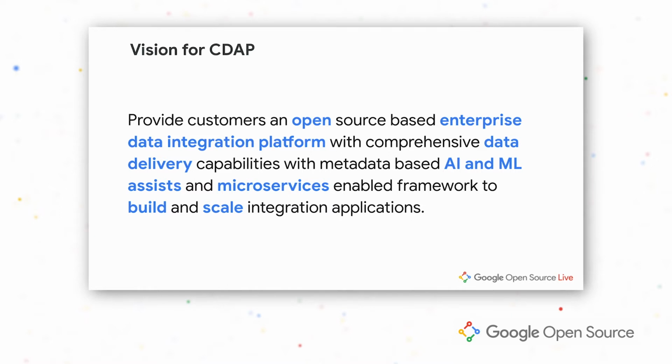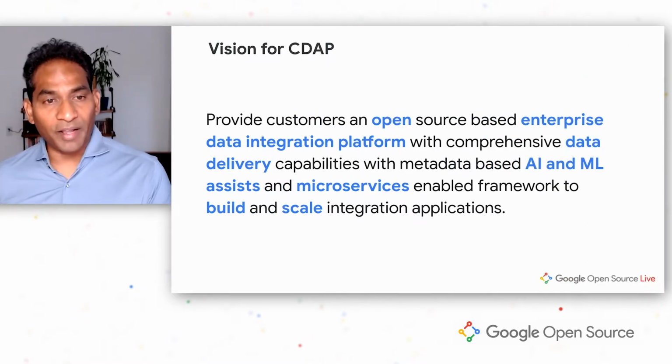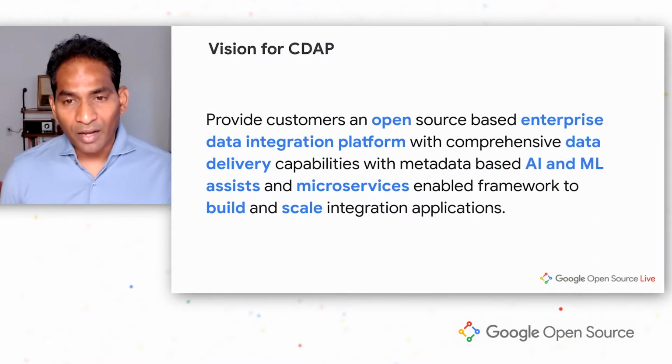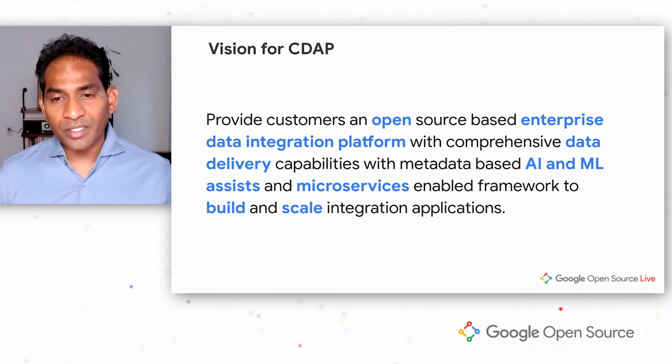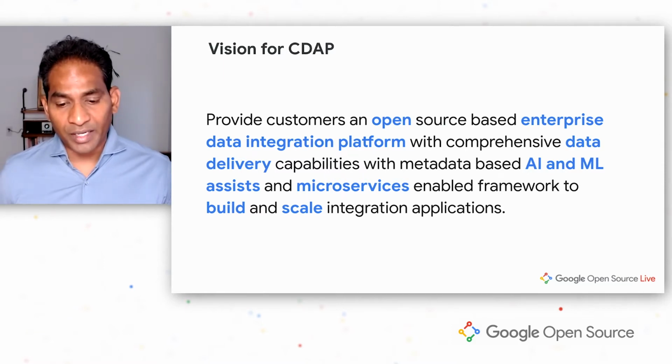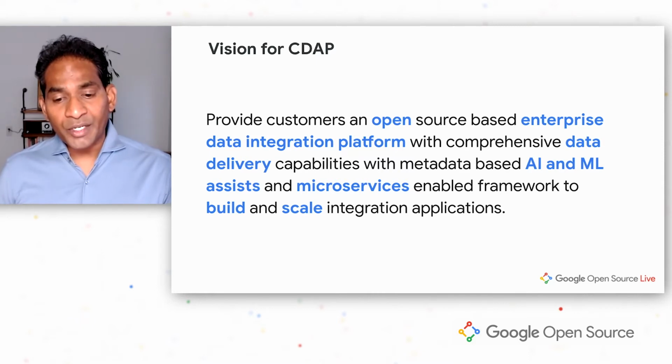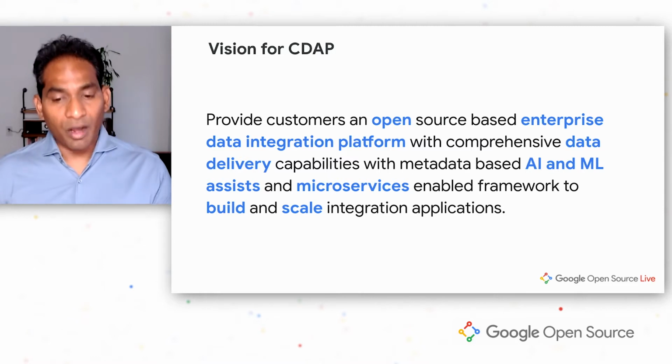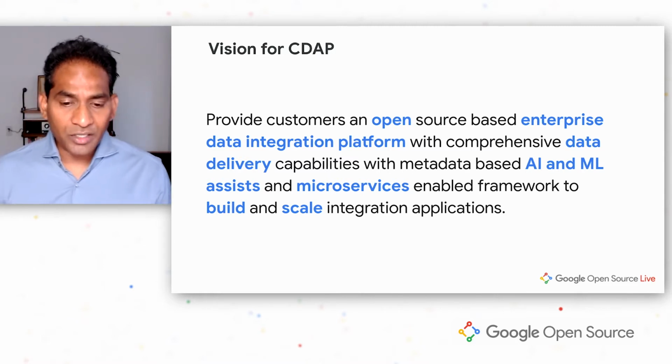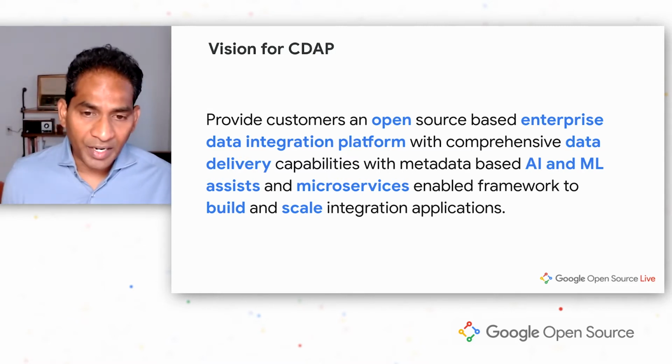When a new evolution happens in the technology space, it's not easy to port these applications. So CDAP was created by the founders with this key principle in mind: we need to keep it open and make sure that all the applications customers build are portable. When I say applications, I'm talking primarily about integration applications.